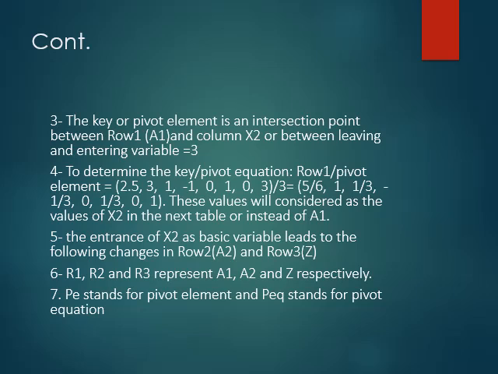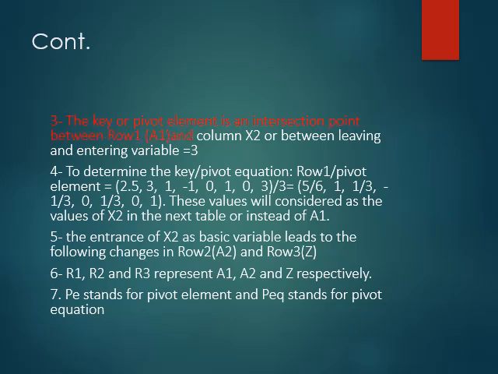Okay, referring to the previous table, the key or pivot element is the intersection point between row 1 or A1 and column X2, or between the leaving and entering variable.